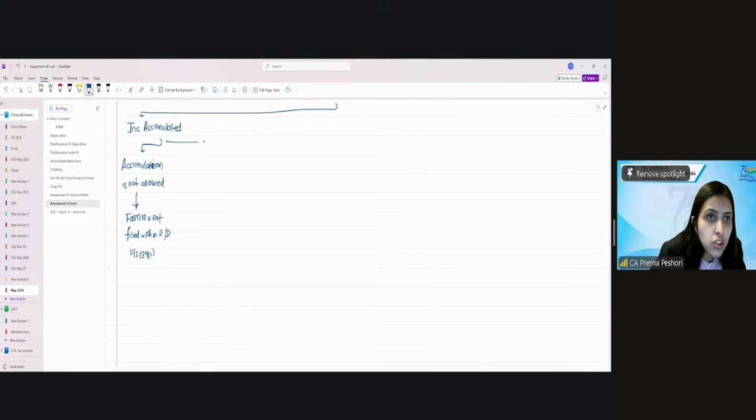Or accumulation is allowed, but income accumulated is not applied for charitable or religious purposes. Or income ceases to be accumulated.